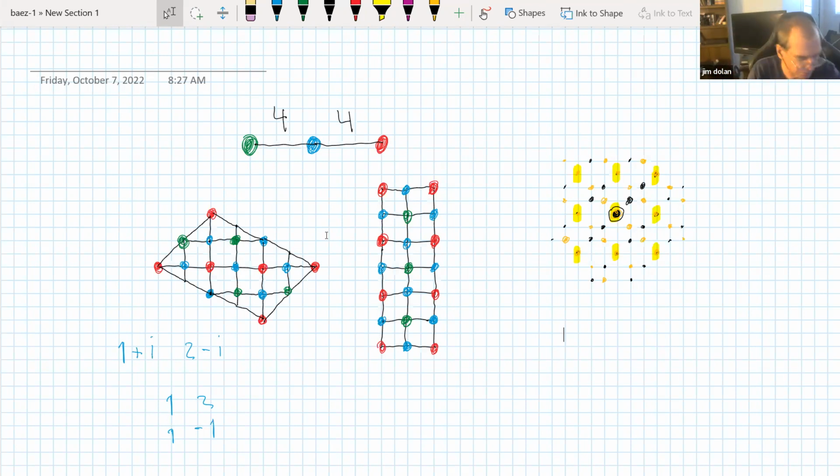So where are we? Basically, I just let 2 plus I act over in this regularization picture. How does 2 plus I act on the black lattice?